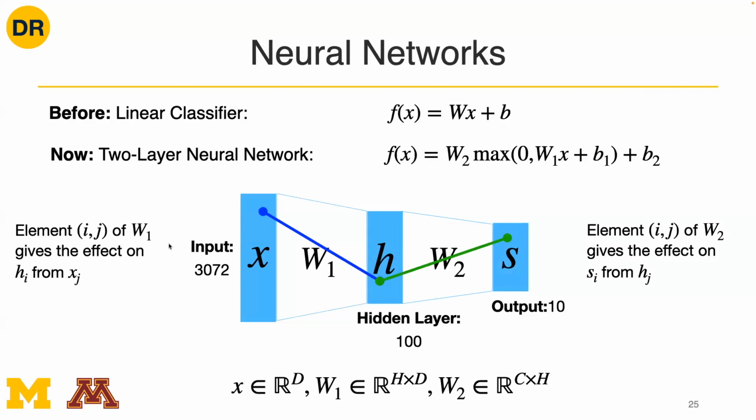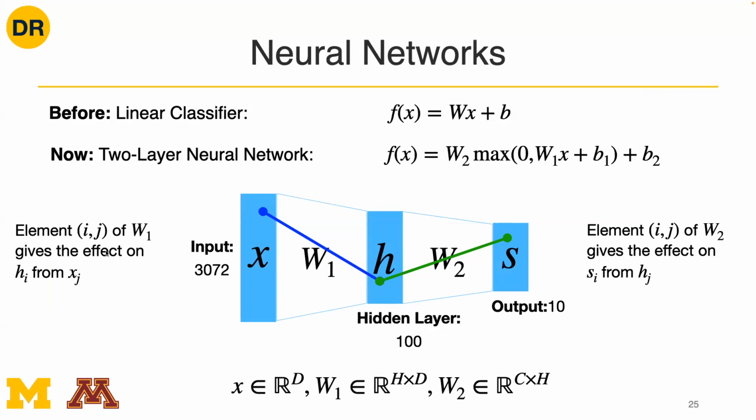If we consider the element at position i, j of that weight matrix, in some sense that's giving the effect or the importance of the term in the input x sub j on the output h sub i. The way to interpret that is if you imagine row i within W sub 1, that row of the weight matrix is used as an inner product with the column vector x to produce the final output at h sub i.